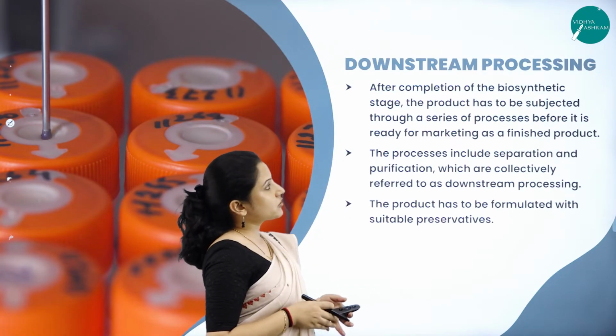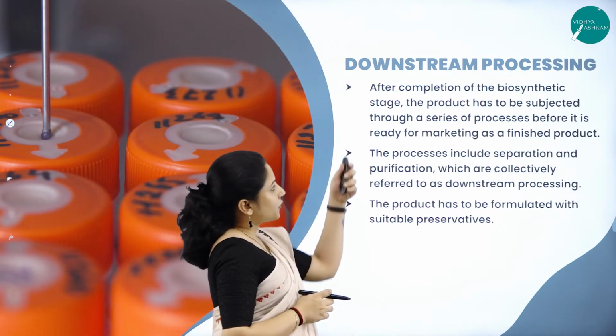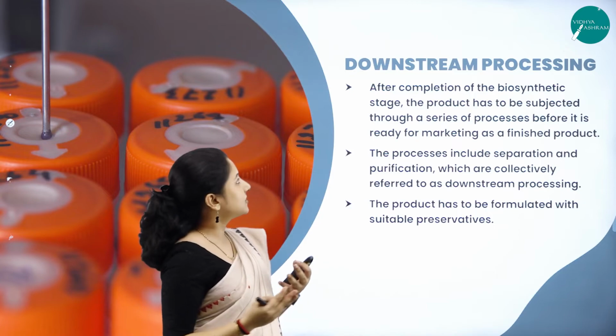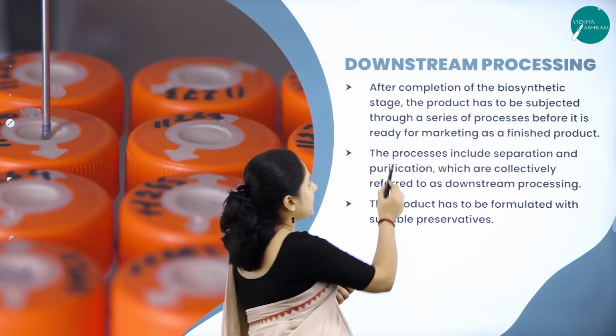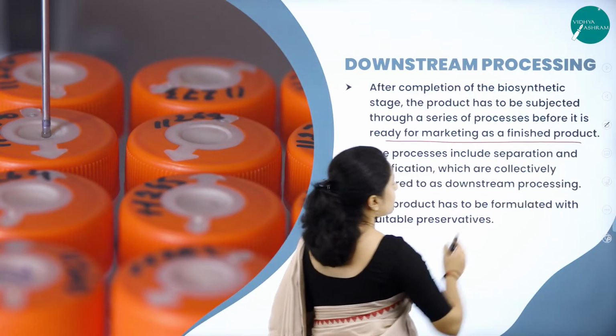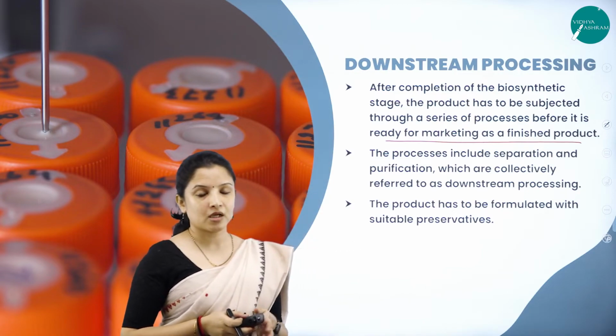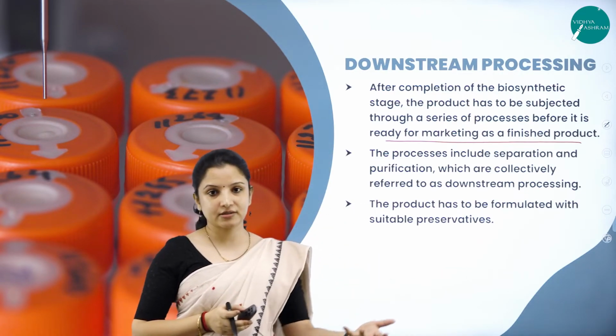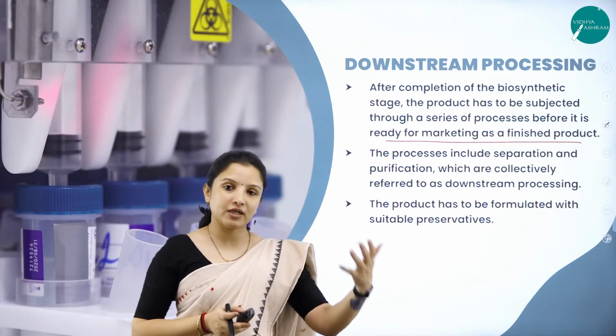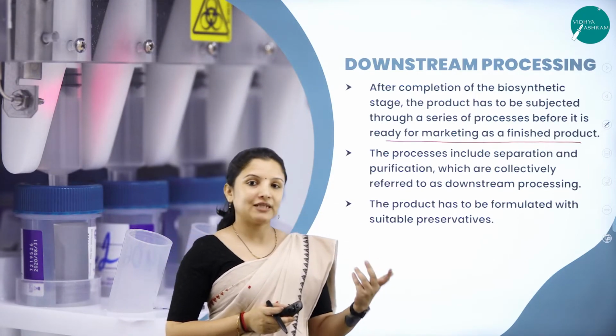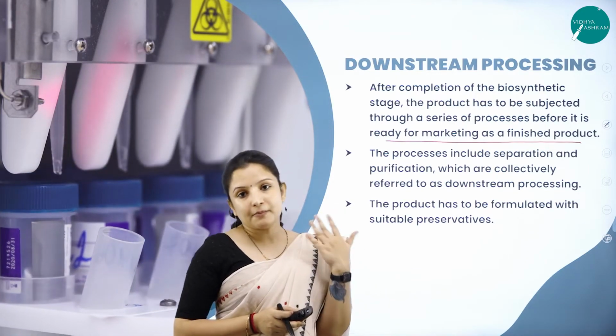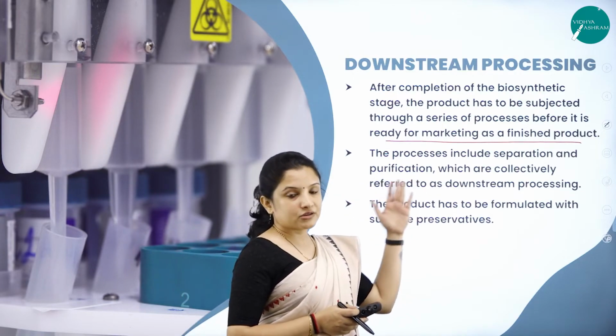And after completion of the biosynthesis, the product has to be subjected to a series of processes before it is ready for marketing. That process is called downstreaming. Now, a number of cultures have been produced, and from that, proteins have been obtained. Those proteins need to be purified before they are marketed. So for that, downstreaming is done.